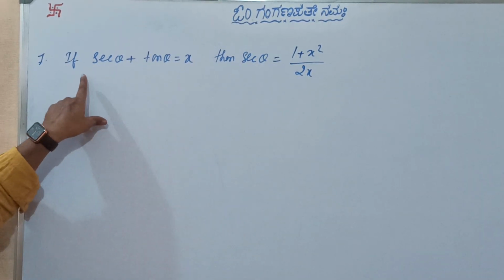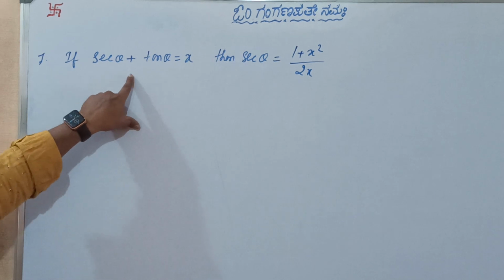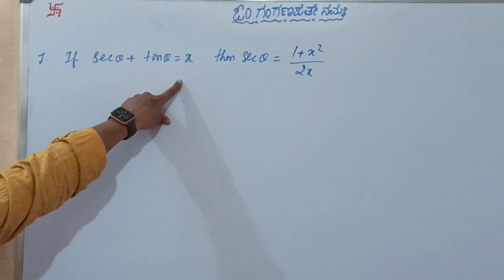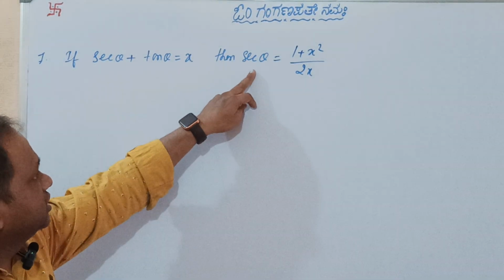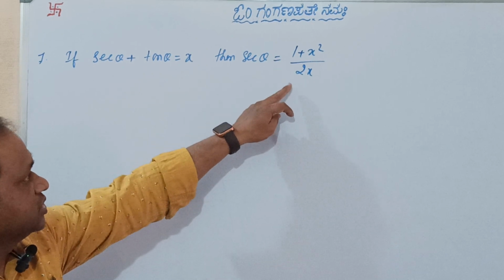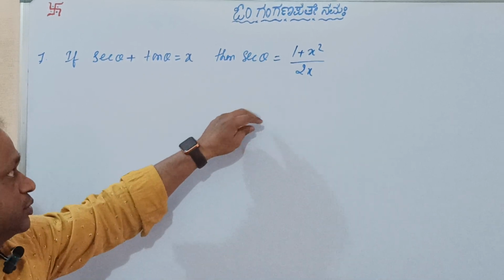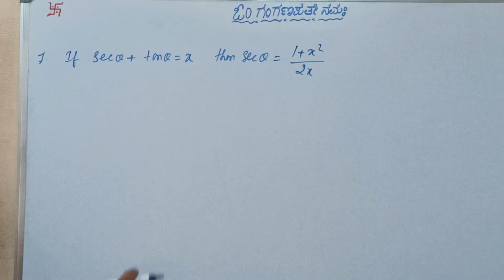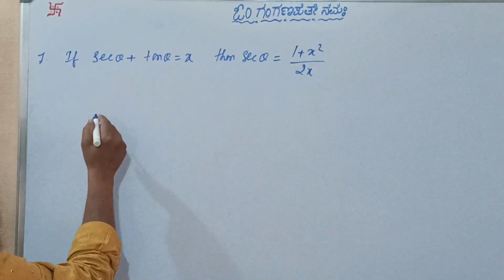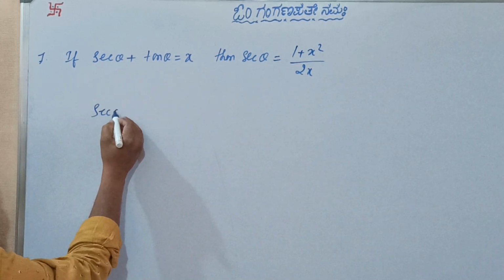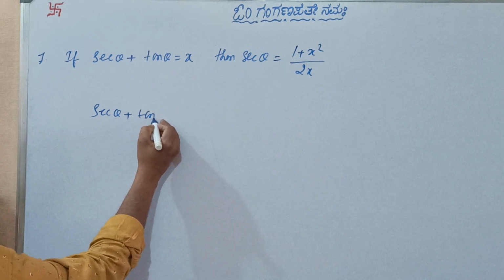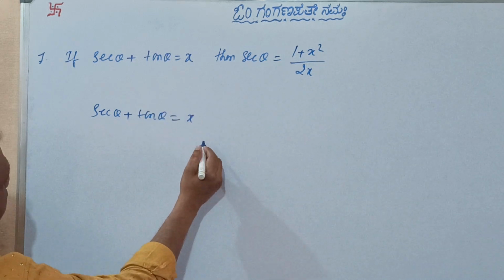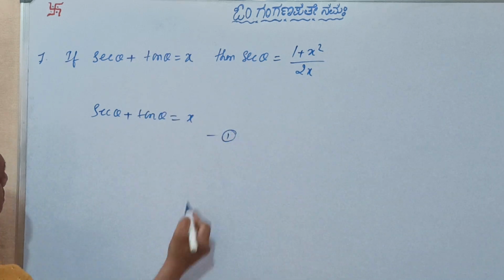Okay, here the next problem is: sec theta plus tan theta is equal to x. Then sec theta is equal to 1 plus x square by 2x, we have to prove. Before going to solve, consider this given equation, sec theta plus tan theta is equal to x. We will take this as equation number 1.